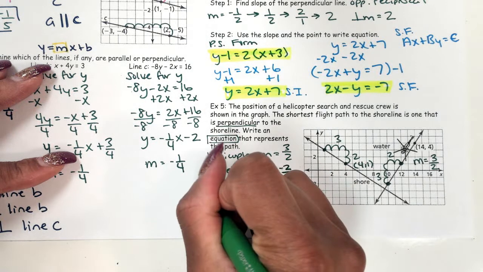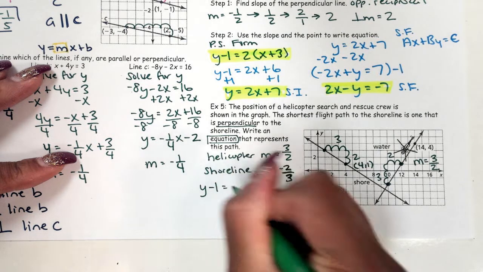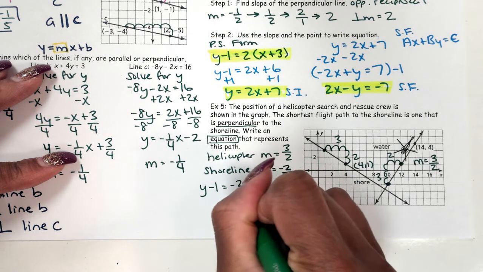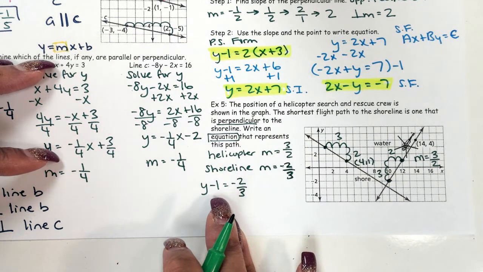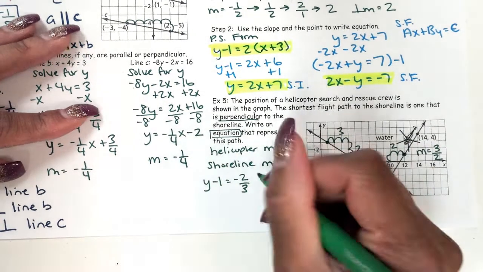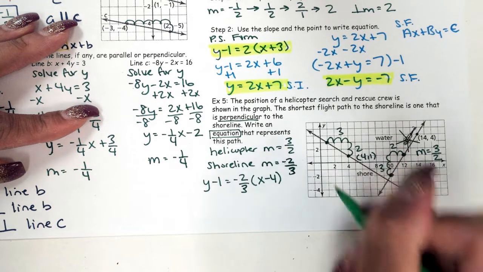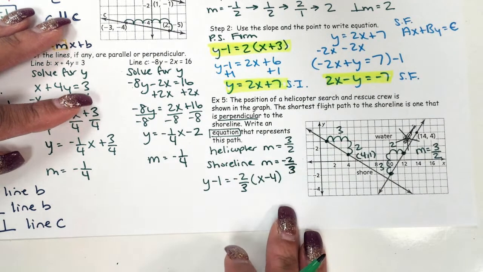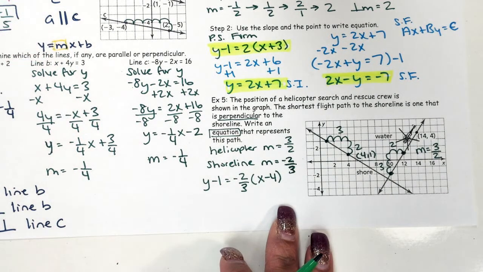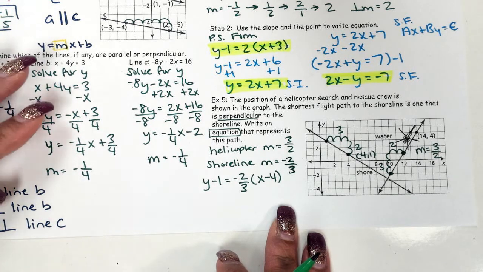So I have y minus 1 equal to negative 2 over 3 parentheses x minus 4. Okay, so I've given an equation that represents the path of the shoreline.